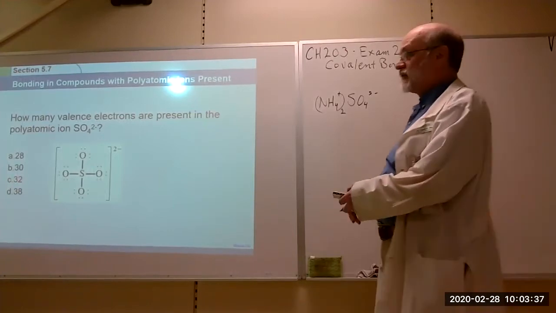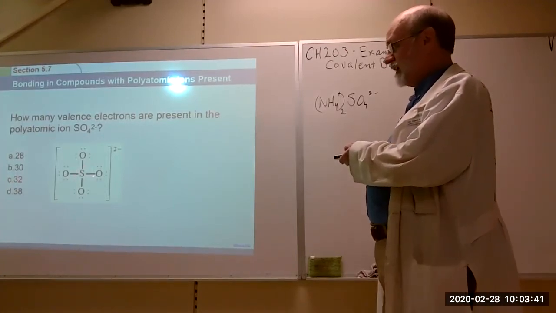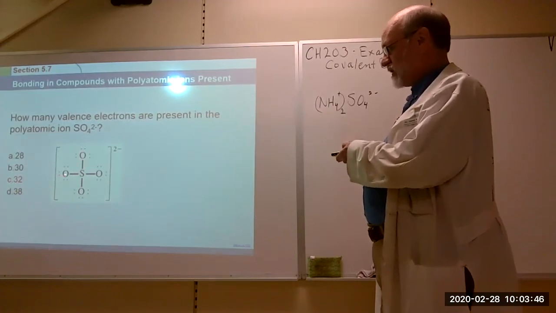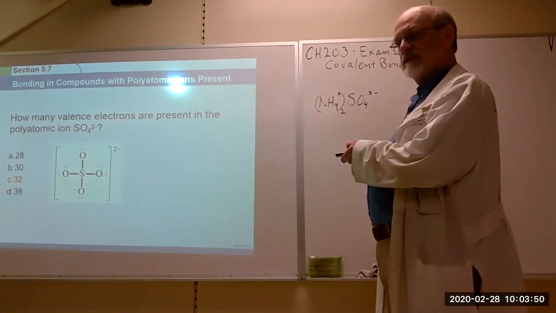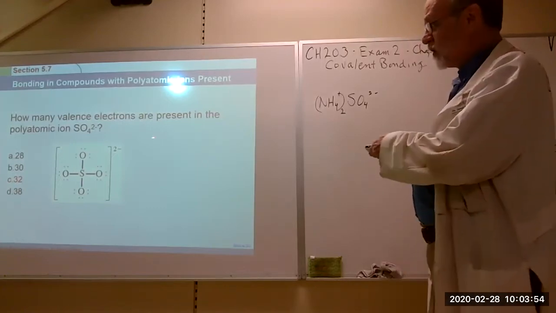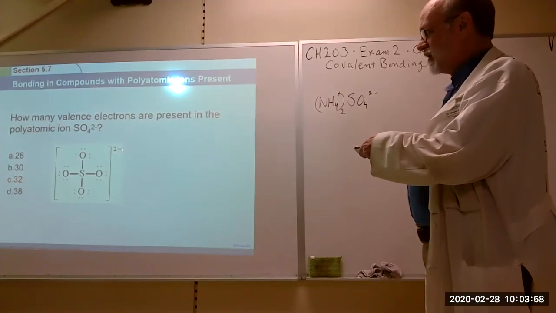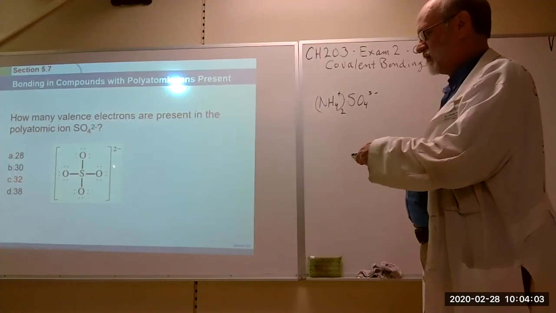So let's see if they're all accounted for. There should be 32 of them, right? 2, 4, 6, 8 in the bond. And then it looks like there's 6 around each one of these. So that's 24 plus 8 is 32. Right? And at this point, when you write this structure, that charge is a consequence of all of these electrons.